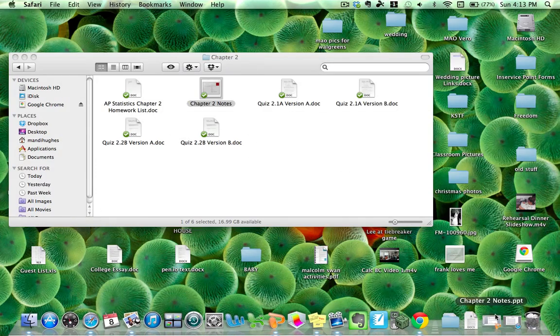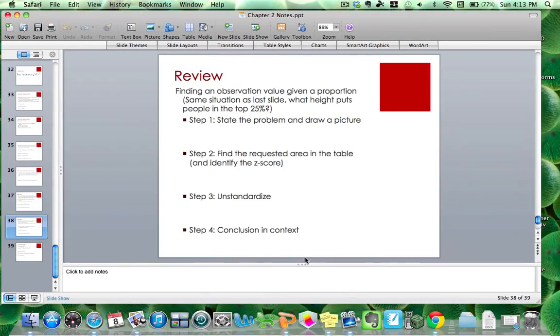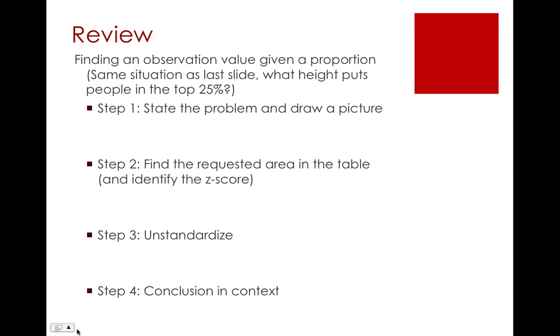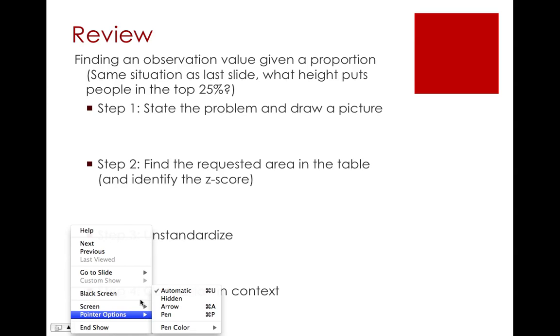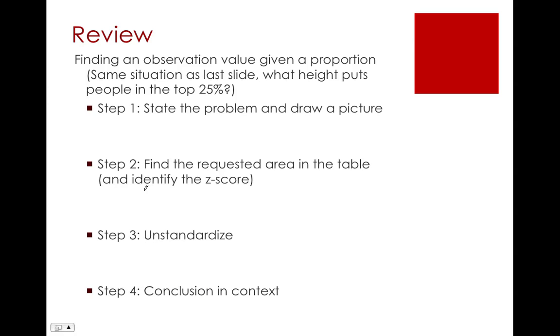So z is equal to 0.67, which is going to equal x minus the mean divided by the standard deviation. I'm going to solve that for x. And I get 68.144.